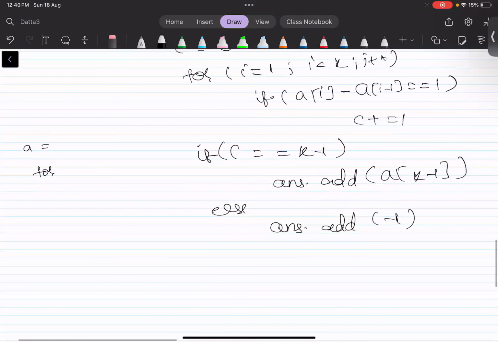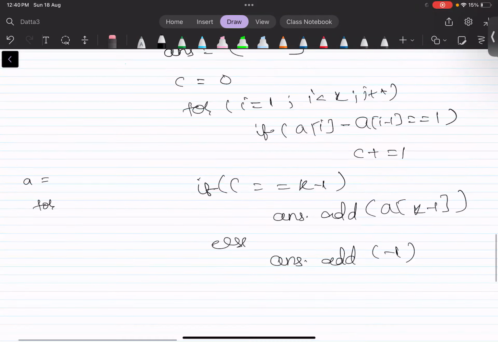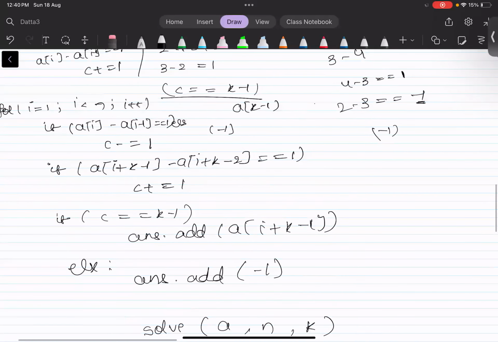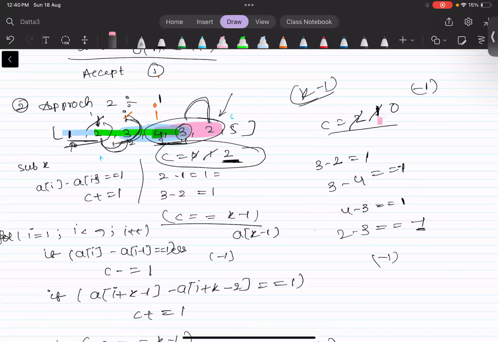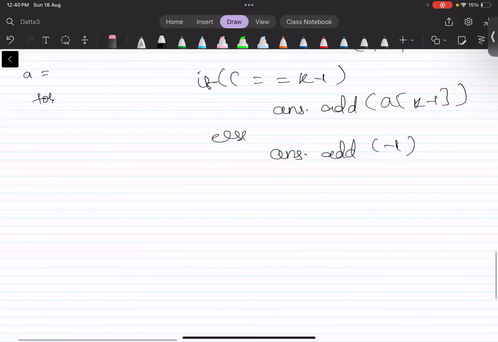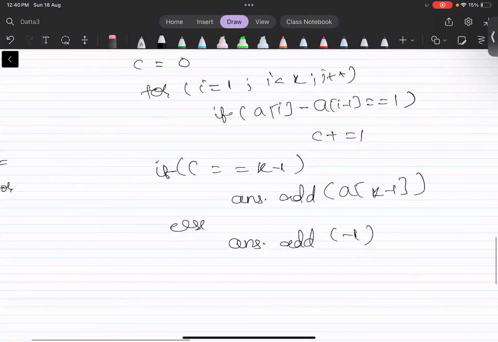Now, as I found the power for the first subarray starting from 0, the only thing I have to do is make use of the value C, because for the next subarray, one element gets added and one element gets removed, right? So I'm going to make use of this C to check the further elements.